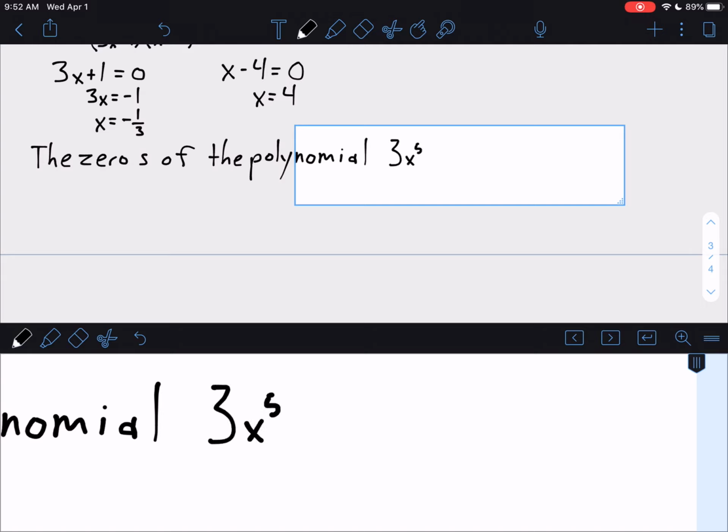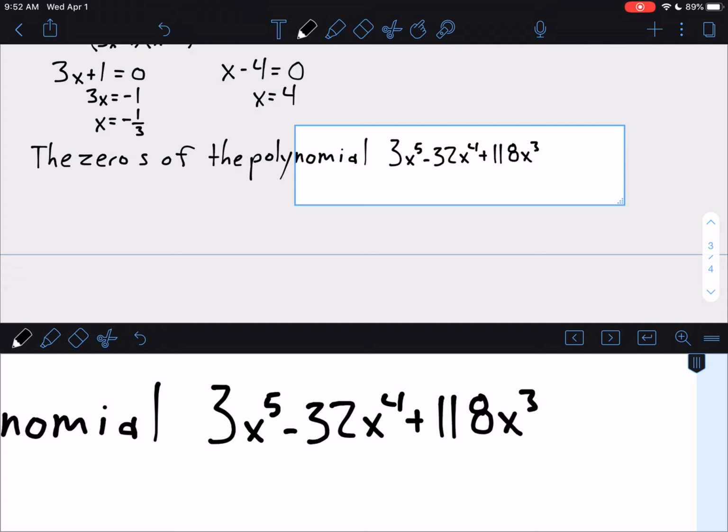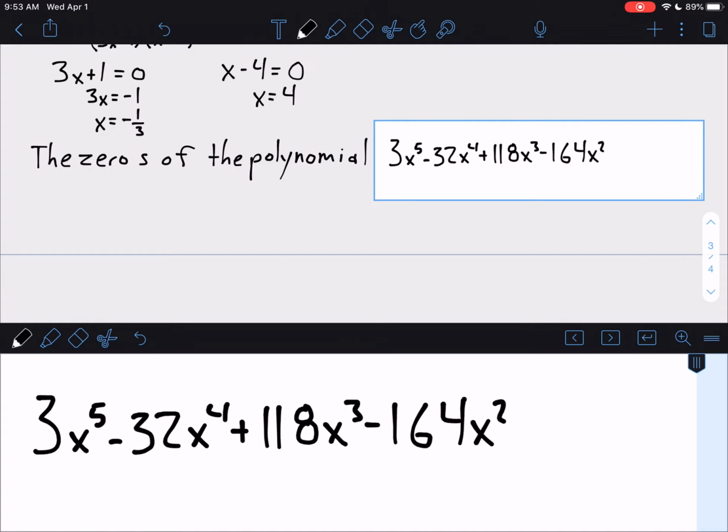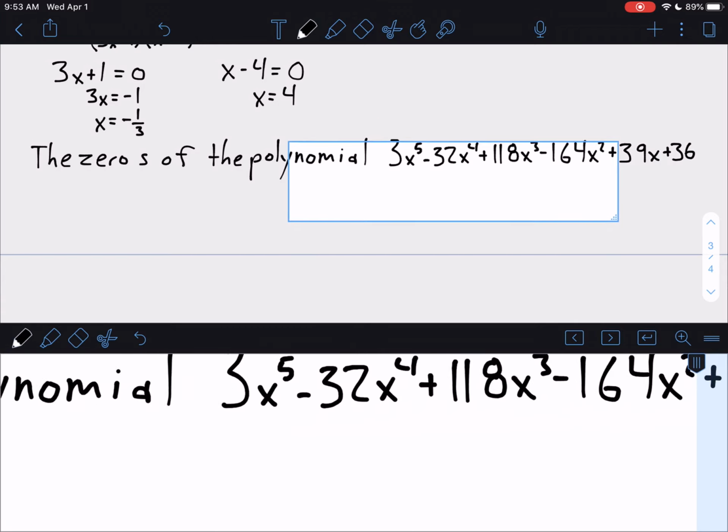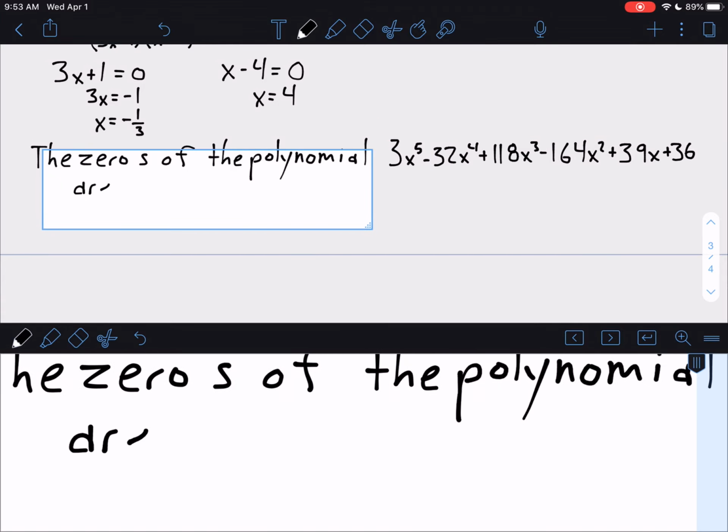Okay, yeah, 3x to the 5th minus 32x to the 4th plus 118x cubed minus 164x squared plus 39x plus 36 are, we said they were 1, 3, 4, and negative 1/3.